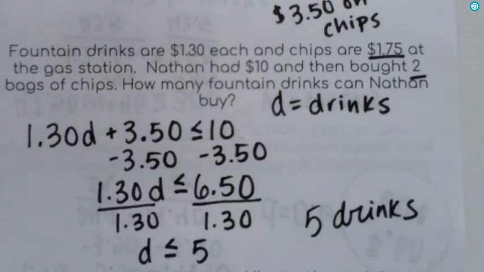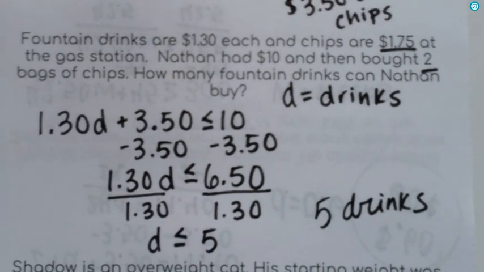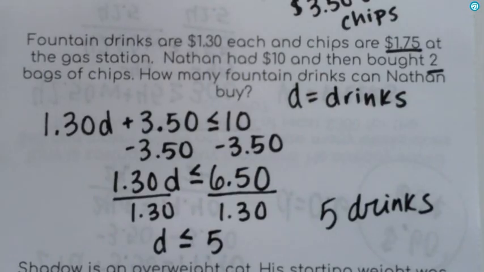So you can buy 5, 4, 3, 2, 1, or 0 drinks would all be the numbers of drinks he could afford. Any questions right now?